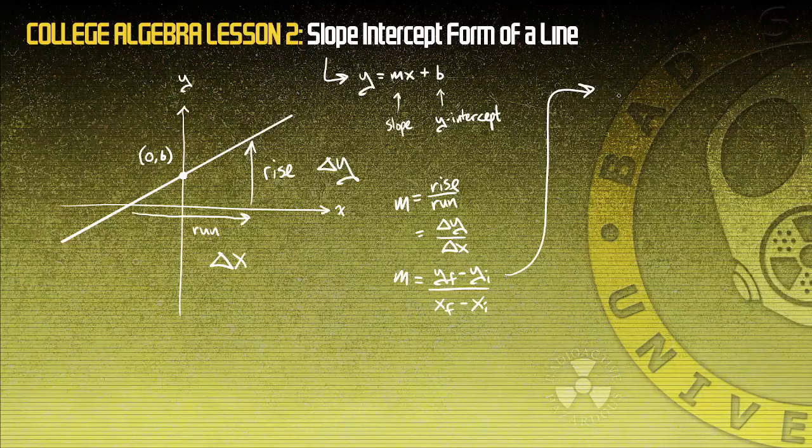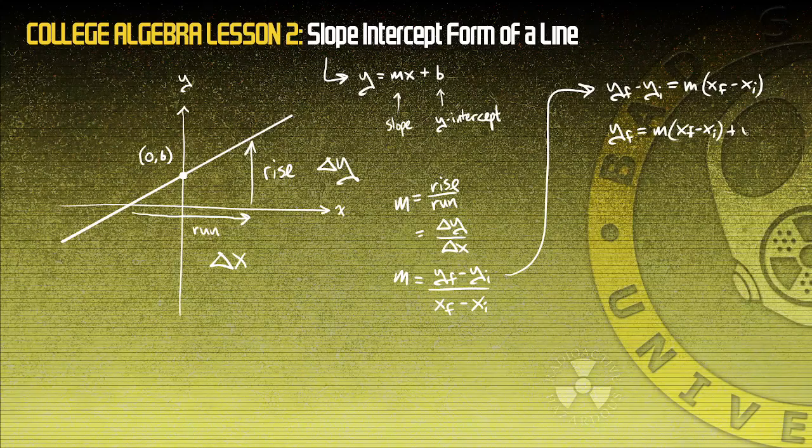So we'll come up here, multiply the denominator over, so you have yf minus yi equals m times xf minus xi. And then add the y initial over, so it's m times xf minus xi plus y initial.